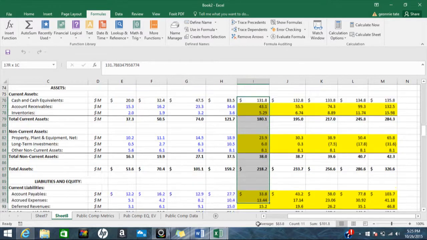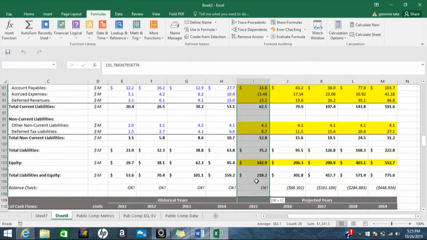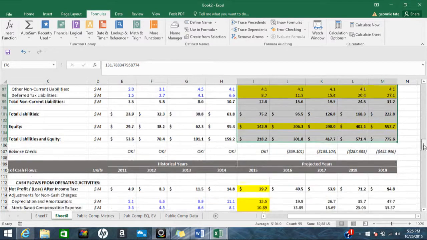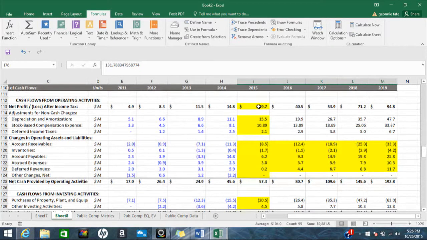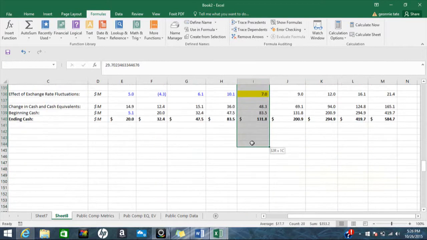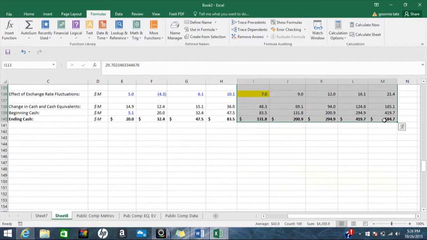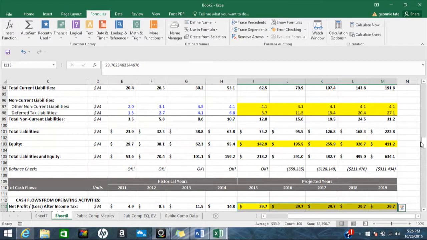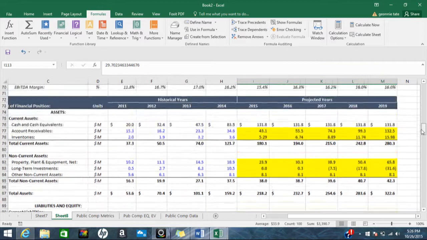What I'm gonna do now. And Control R to copy the formulas over. The same thing here. Item by item.